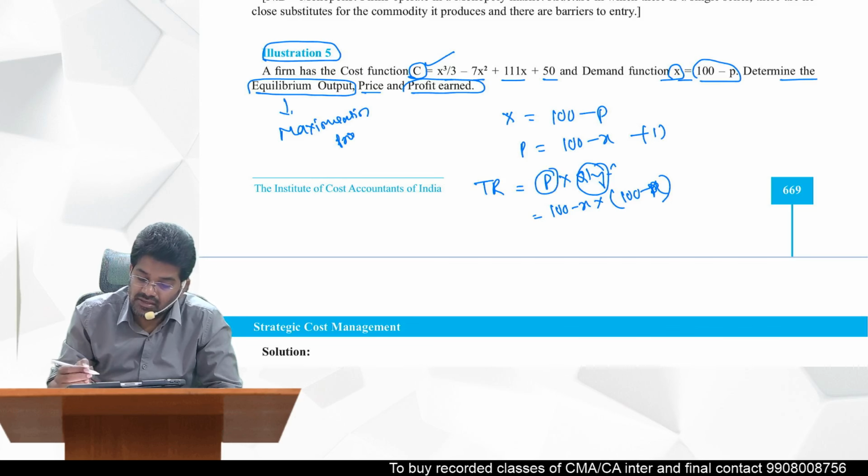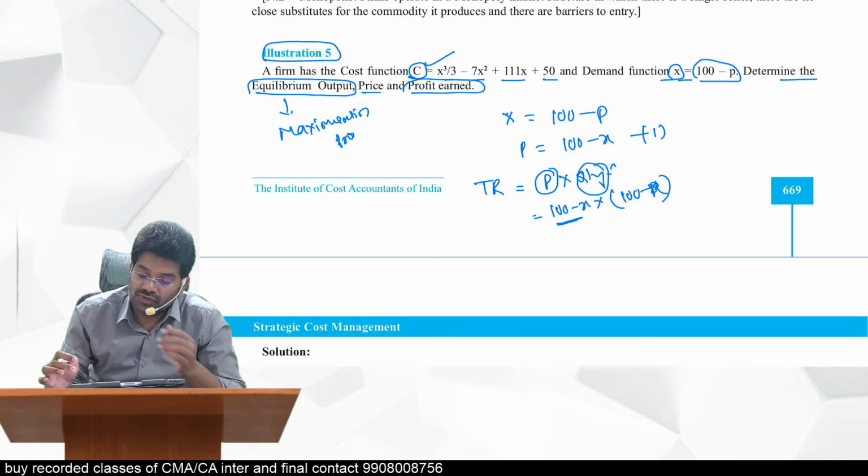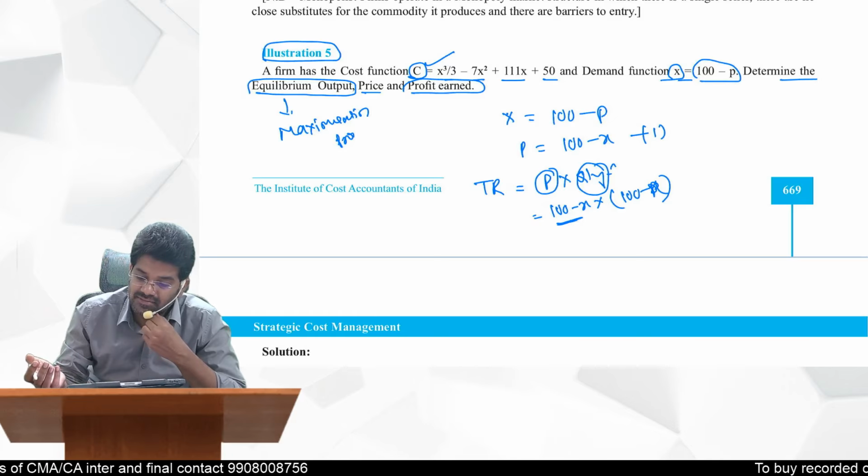Price 100 minus x, quantity function is, everything in terms of x only we should have.